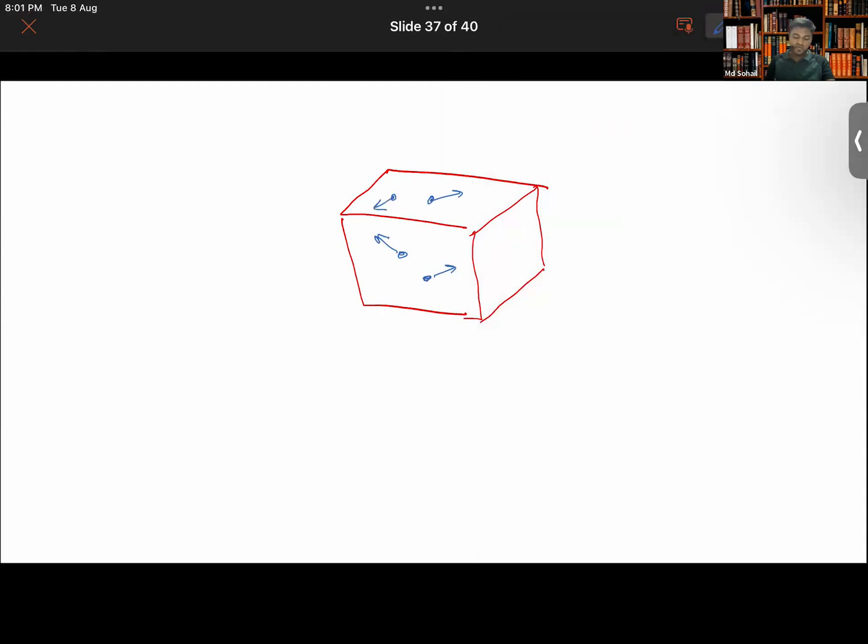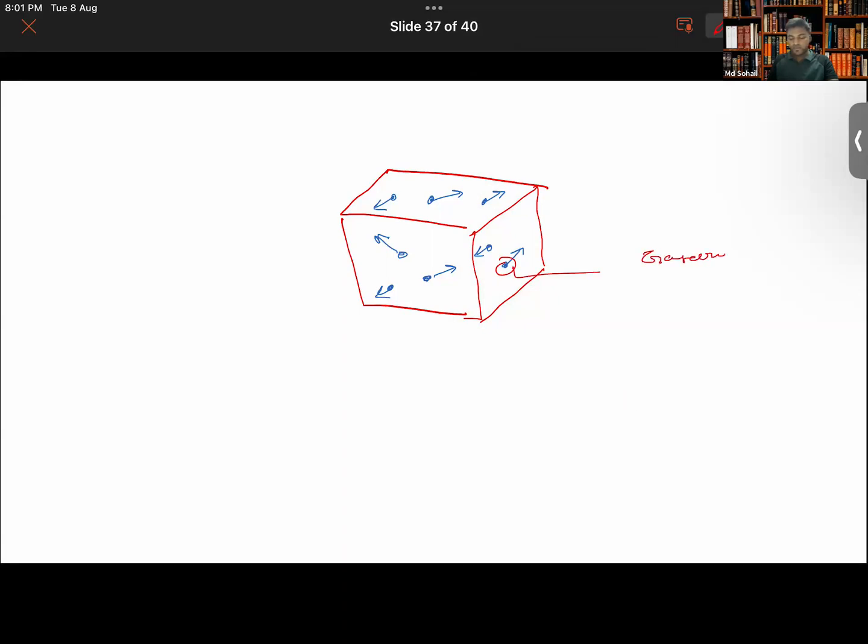So they are moving in random directions and hitting the walls of the container. There are so many millions of molecules present here, so the molecules of the gas are exerting pressure on the walls of the container. We also know that they have a higher kinetic energy.